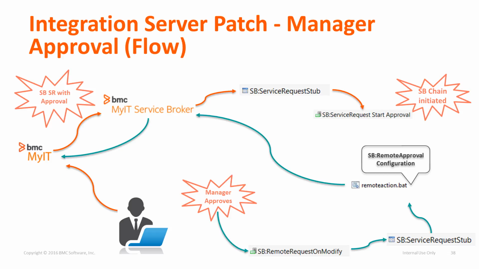But for this particular chain, once the manager approves that particular approval, the remote request on modify filter kicks in, and then it pushes a value to the request stub form, and once again the remote action.bat file is called, hits Service Broker, and the approval is then reflected within MyIT.